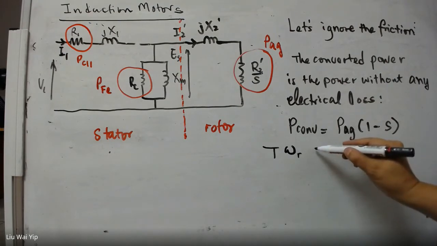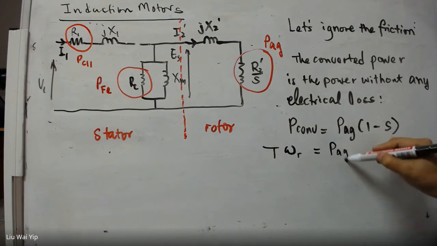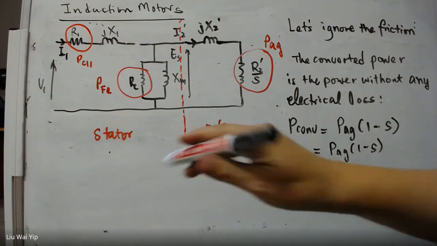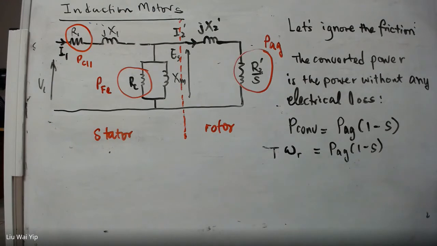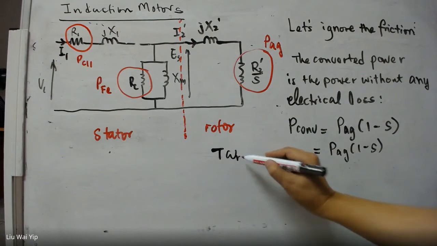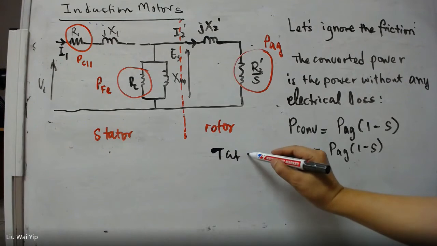And then P_AG times 1 over s. But then do not forget that the power is the torque times the angular velocity.